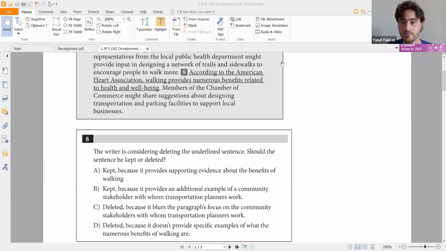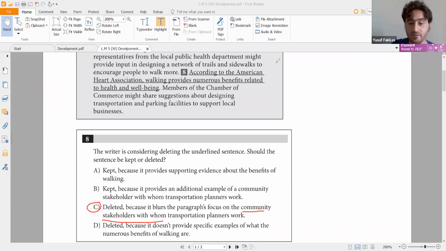Okay, so it seems that we all agree on the right answer, which is C, right? Yes, it is C. As we said, it doesn't support the focus of the paragraph, which is the community stakeholders with whom transportation planners work. And that's again mentioned in the topic sentence, right?